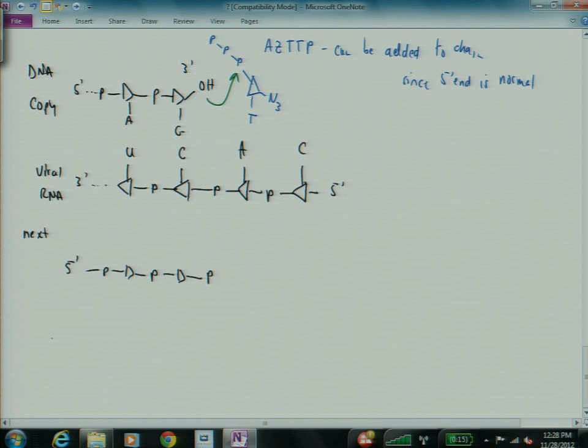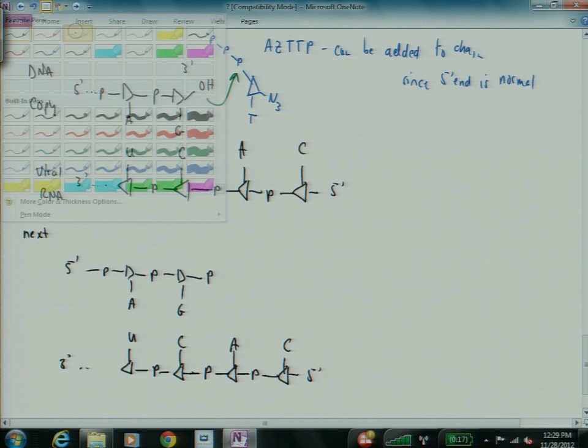And down here you've got 3', sugar, phosphate, sugar. Try to line these up. Sorry, sugar. We've got 2, 3, 4. Phosphate, sugar, 5' end. And here we've got U, C, A, C, A, G.